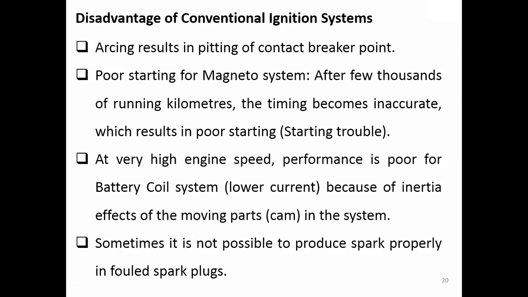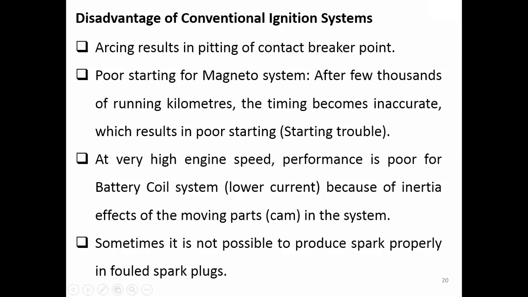Okay, and for the high engine speed, if your car uses the battery coil system, the performance of the car is poor because the battery coil system will provide a lower current at high engine speed.